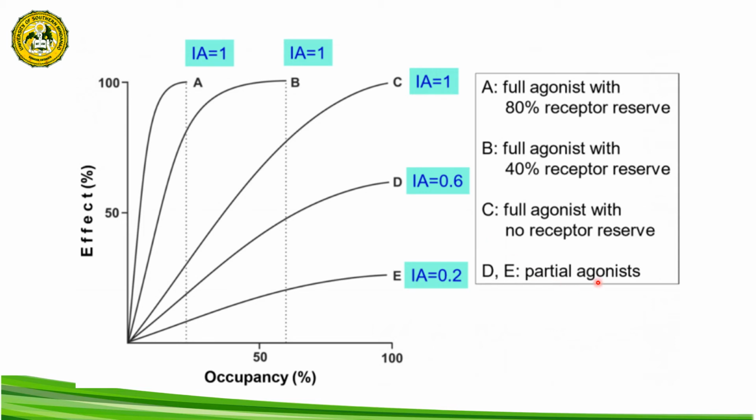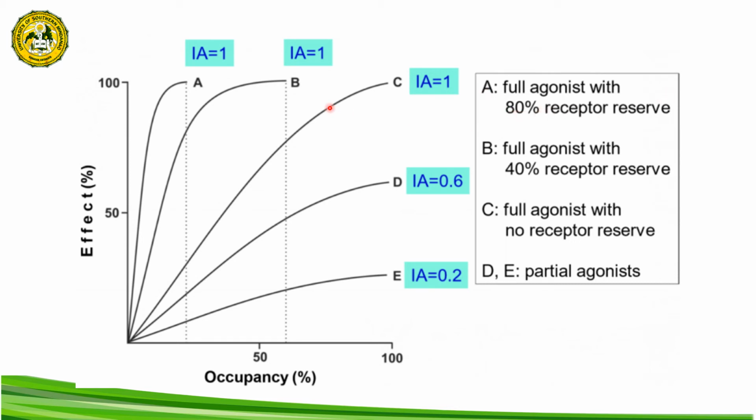In terms of their receptor reserve, drug A was able to achieve maximum efficacy at 20% occupation rate, meaning that 80% of its receptors are still unoccupied, but it was already able to achieve 100% efficacy. So drug A has 80% receptor reserve.